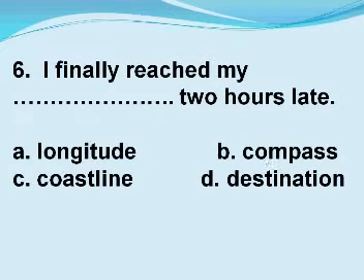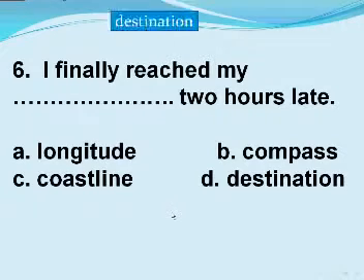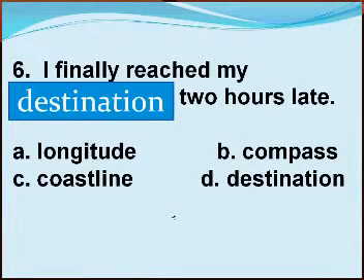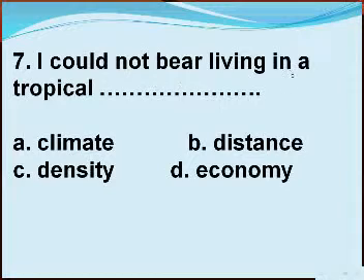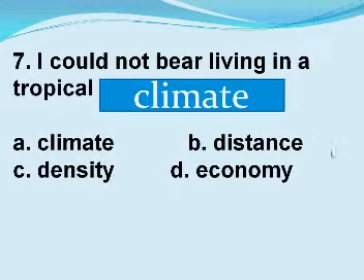The word reach is very important here. I finally reached my very good, destination. I reached my destination, the place I'm going to. Destination. Number 7. I could not bear living in a tropical climate, distance, density, or economy. I could not bear living in a tropical, very good, climate. In a tropical climate.